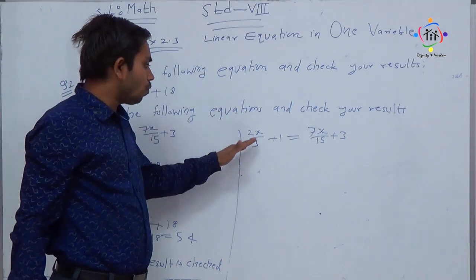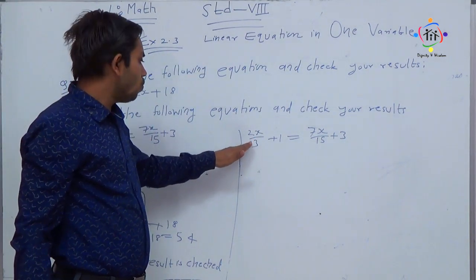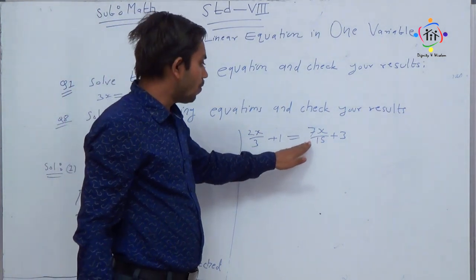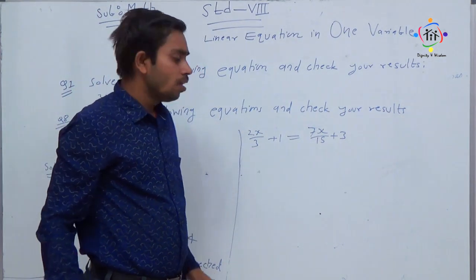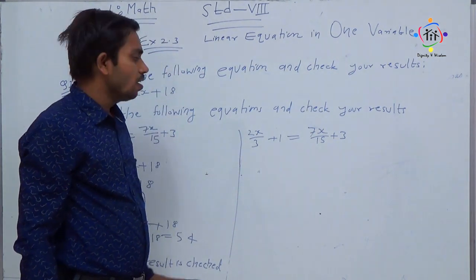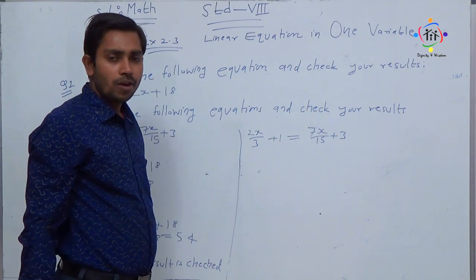Now similarly let us proceed for this equation: 2x upon 3 plus 1 is equal to 7x upon 15 plus 3. Now again here the same concept we have to apply in order to determine the value of x.